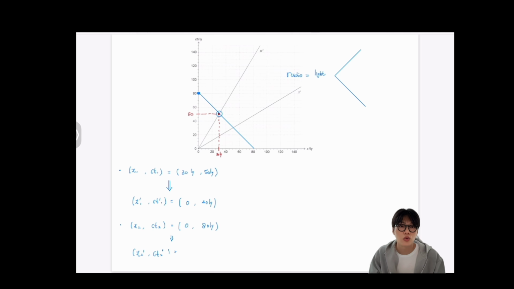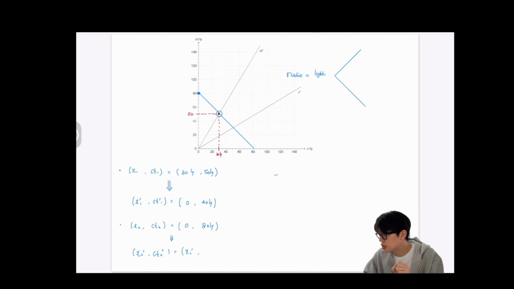We actually don't care about x2 prime because that's the position, so we only care about the time it took. Because the signal is moving back to the Earth and that's light, it cannot be faster than the speed of light, so the time taken has to be different. In the time frame of S, we know the time has to change.